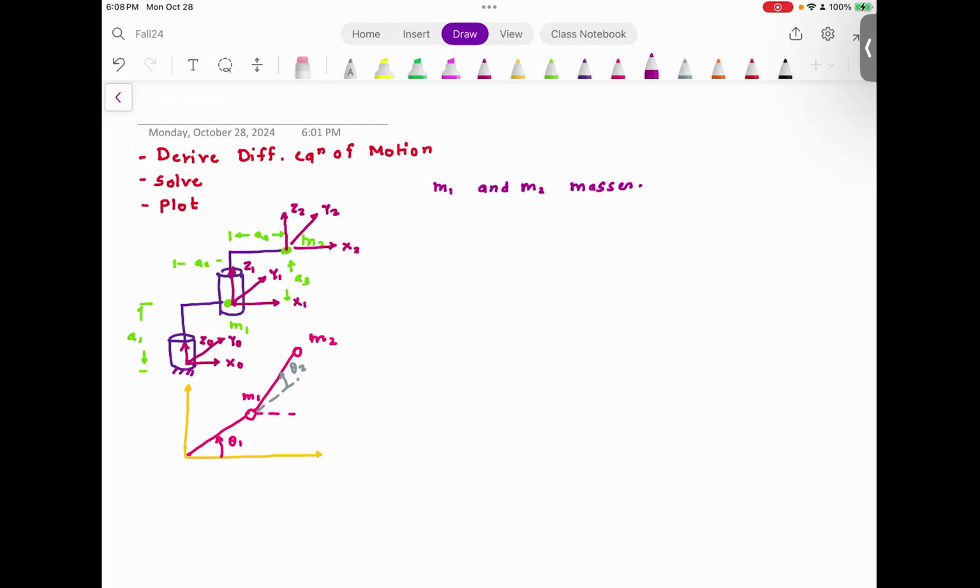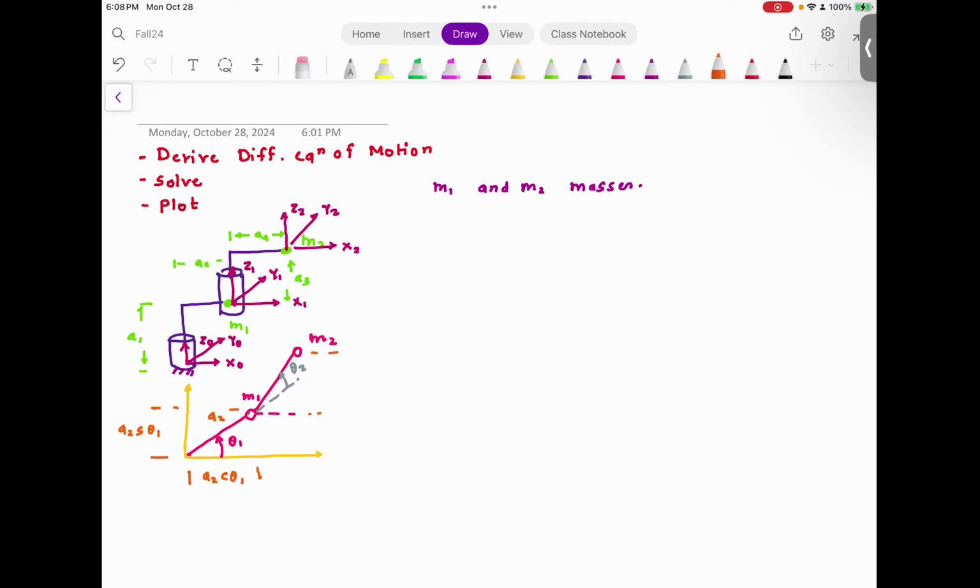We solved this problem multiple ways. We actually derived the positions of masses using homogeneous transformation. We also derived these positions using simple trigonometry. So this is A2 cosine θ1. This distance is A2 sine θ1.